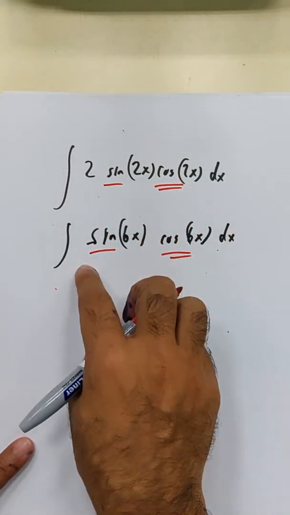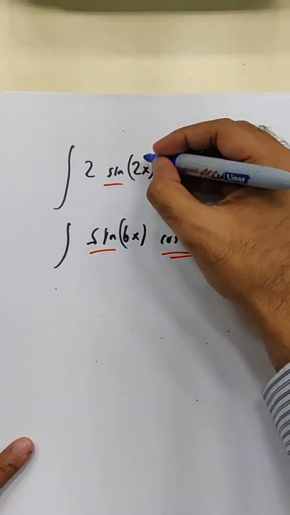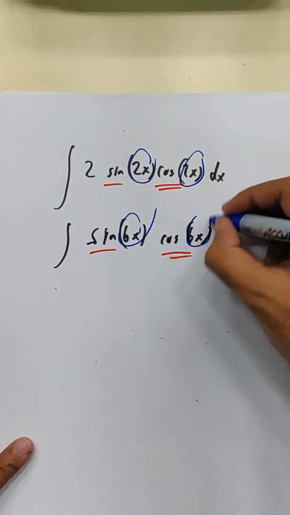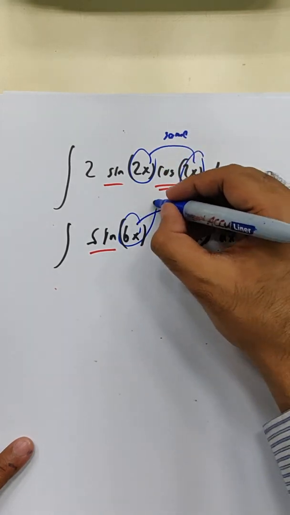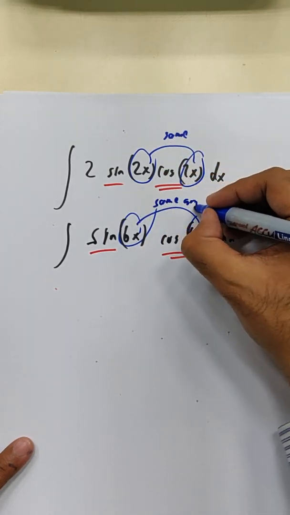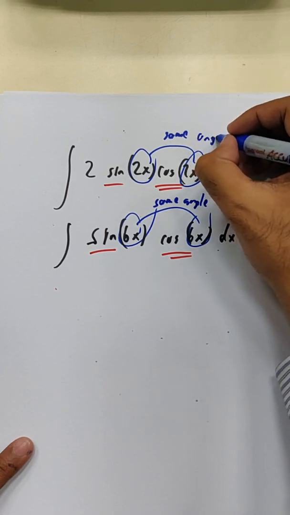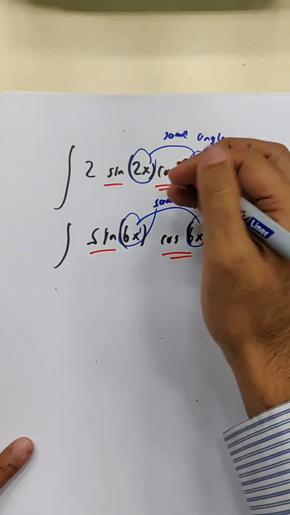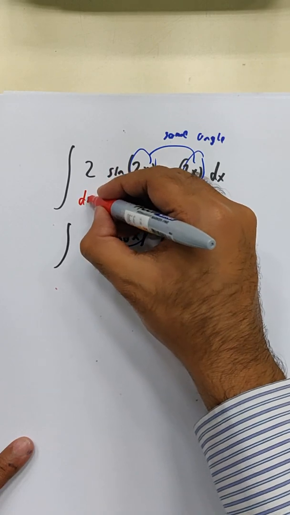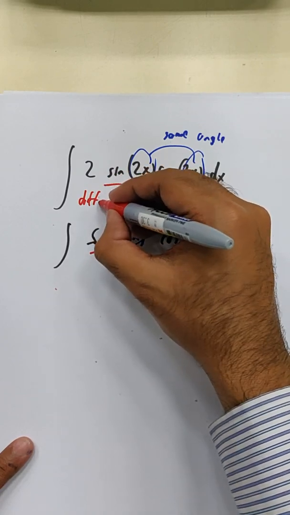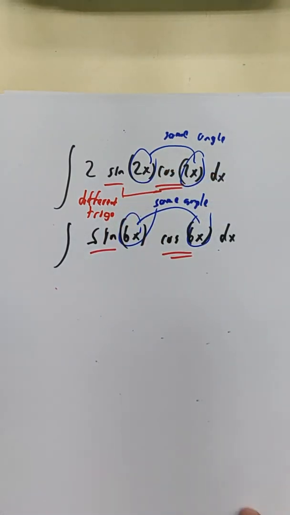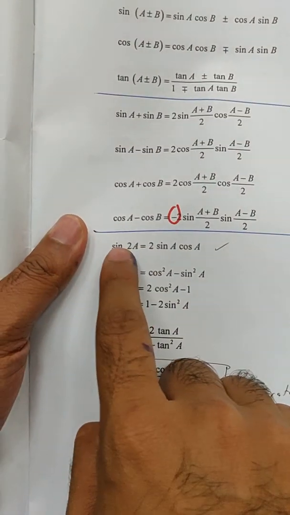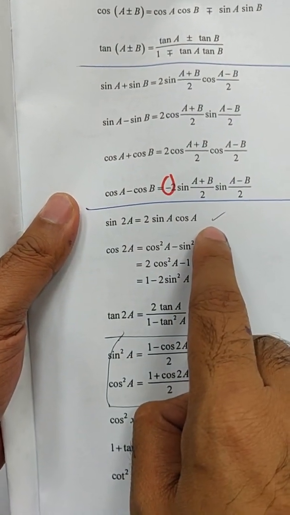One is sine, one is cos, one is sine, one is cos, but the angles are the same. Same angle, different trigo. You may use this formula instead. You see?